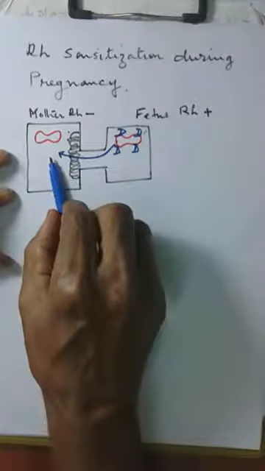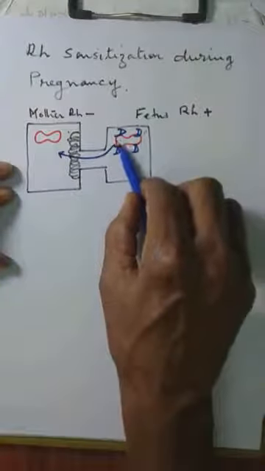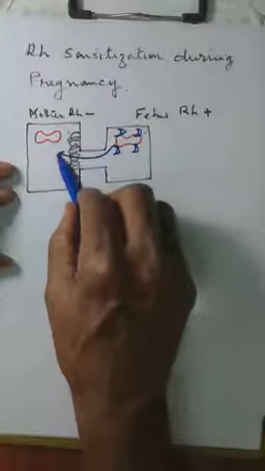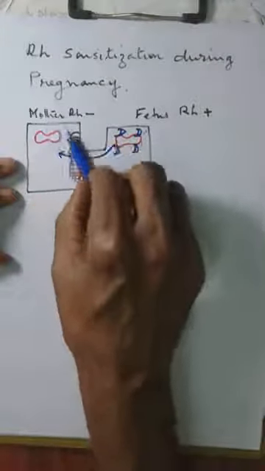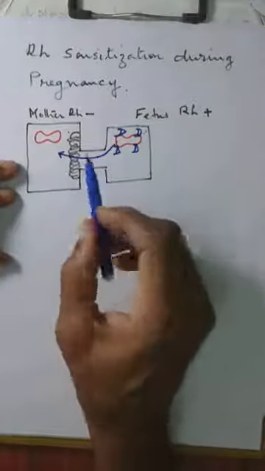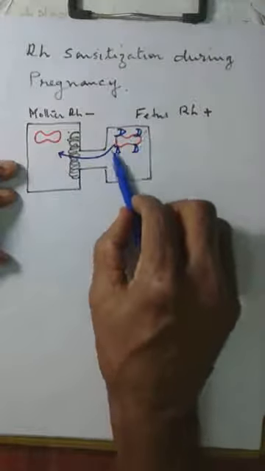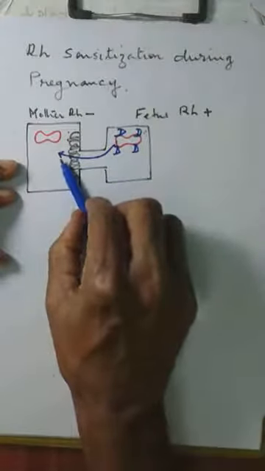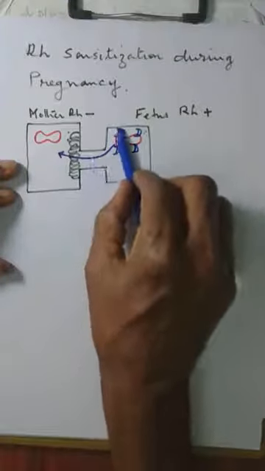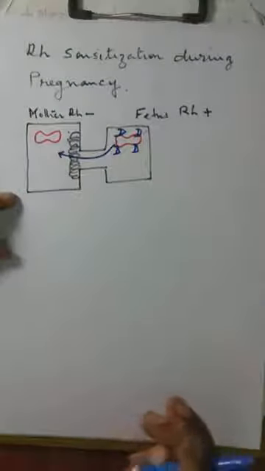This is what is called sensitization. The entry of RBC into mother's blood, thereby producing antibody to attack these antigens. This is what is called sensitization.